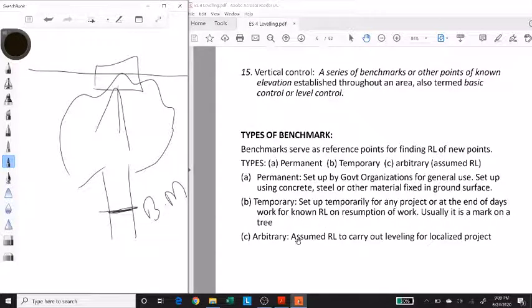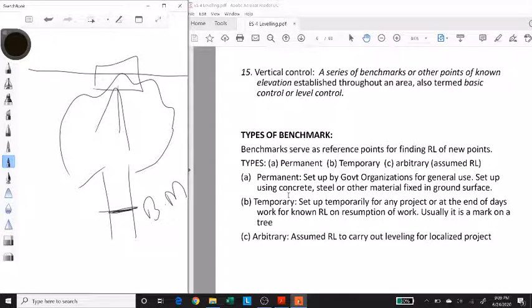Then we have the arbitrary benchmark, which is an assumed reduced level to carry out leveling for a localized project. The permanent and temporary benchmarks are for when you want to use the real reduced level, when the datum is the mean sea level, so the elevation difference from the datum. But usually in localized projects, let's say you're constructing a building, you shouldn't be concerned with how much the height is from the sea level.